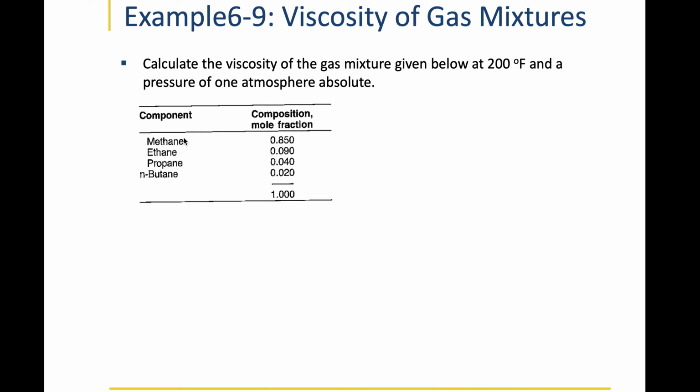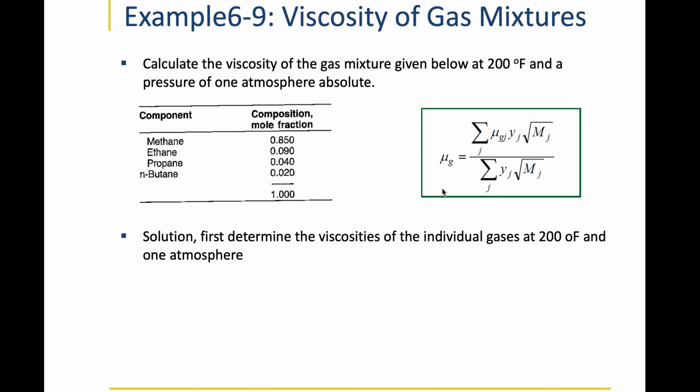The components and their mole fractions are given. I write the equation for the gas viscosity. In this equation, I need the mole fractions, which are given, the square root of molecular weights, and the gas viscosity.